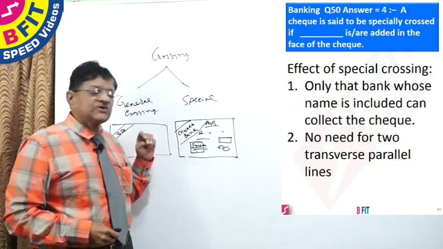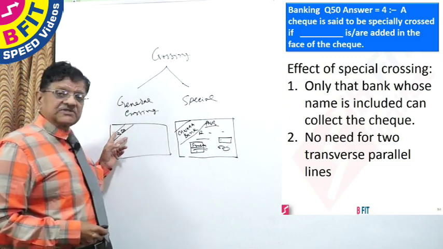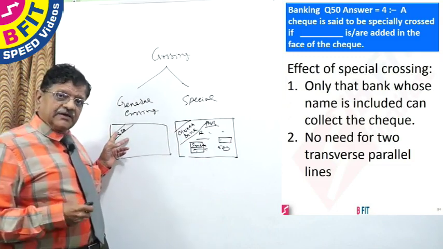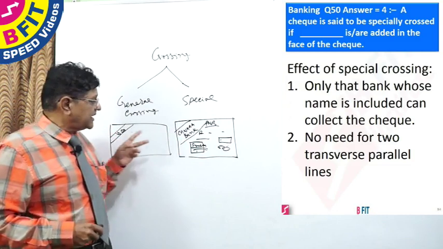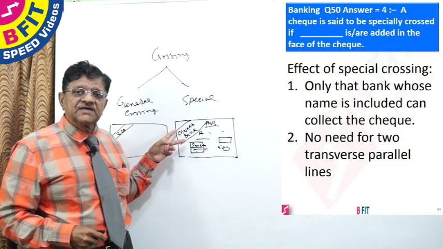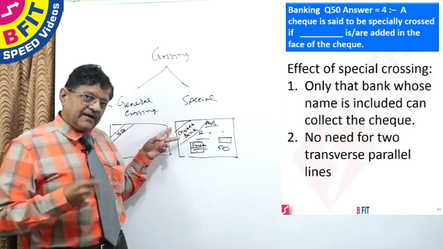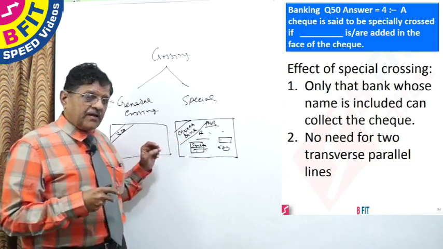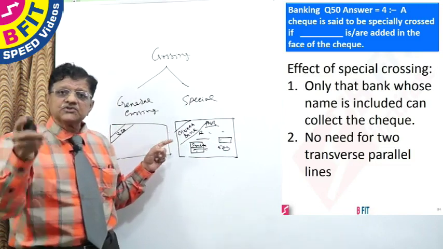Because two parallel transverse lines mean that you cannot be paid cash across the counter. Here, if the words Canara Bank are there without two parallel transverse lines, can cash be obtained from Canara Bank without collecting the check? The answer is no.